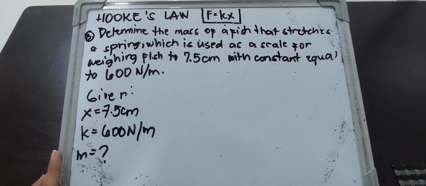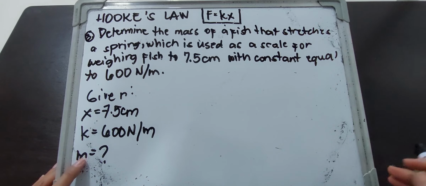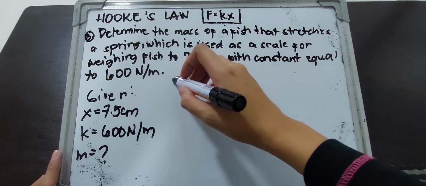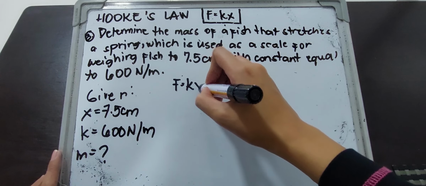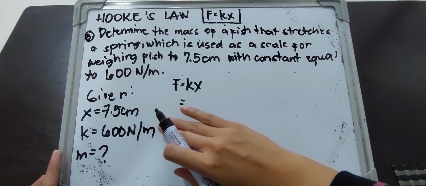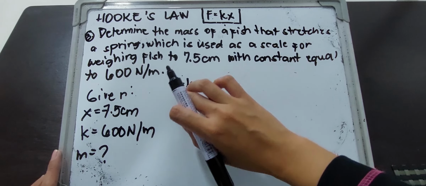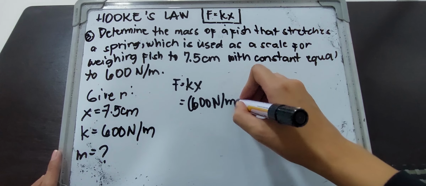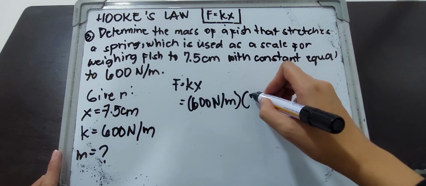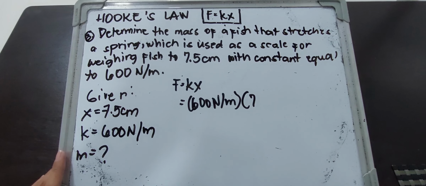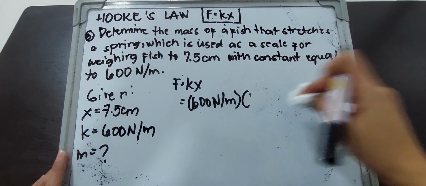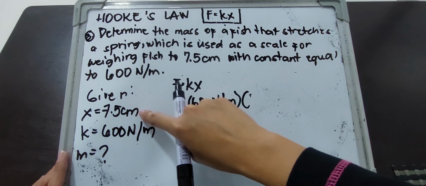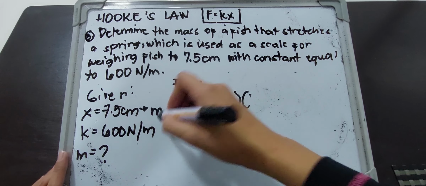So, first, since ang tinatanong sa atin ay mass, kunin muna natin yung force. So we have here, F is equals to Kx. Wala naman tayong ibang pagkukunan ng mass, pero yung force lang. So 600 newtons per meter times the elongation. But before we proceed writing this elongation, since tayo ay naka-centimeters, convert this first to meters.